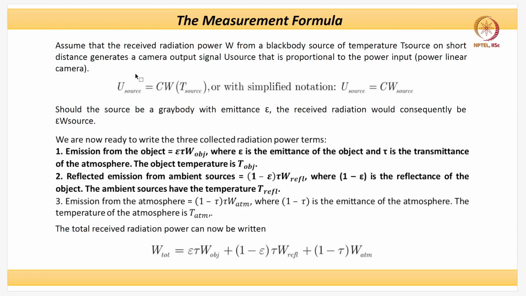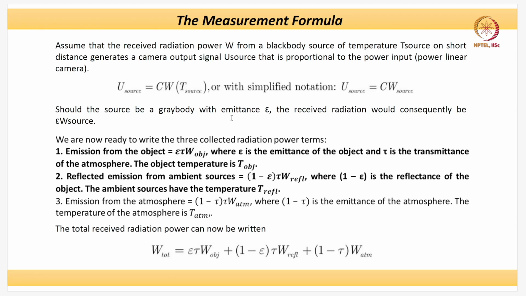So the camera responds to the incident radiation power from a black body in a linear fashion. Whatever power it receives from the source is multiplied by a proportionality constant, and it is reflected in U source, which is the signal generated by the camera.